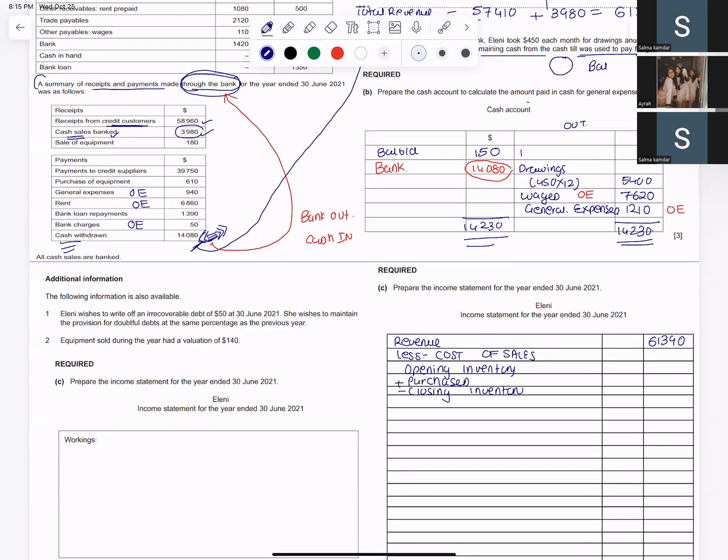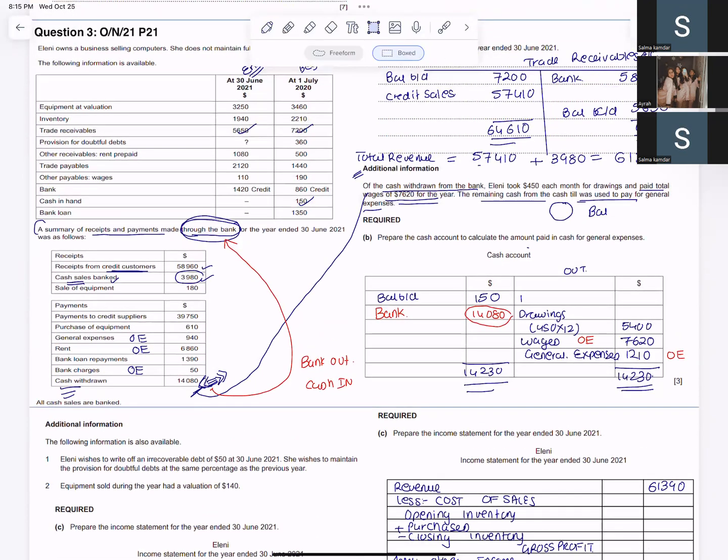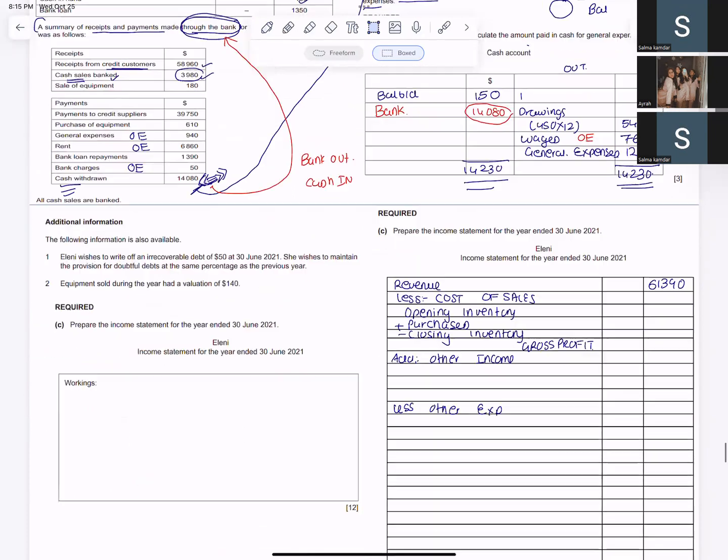The gross profit. Then you add the other incomes and you minus the other expenses. So I'm just leaving some space. Add other income less other expenses. Okay. And I am copying this down so that it becomes easier for us.